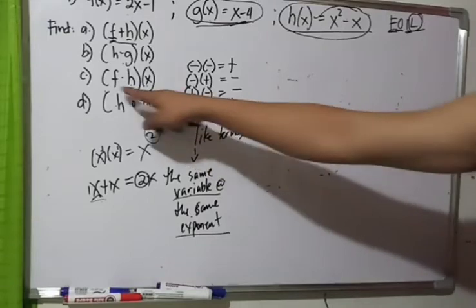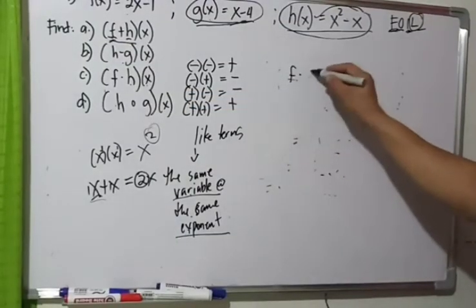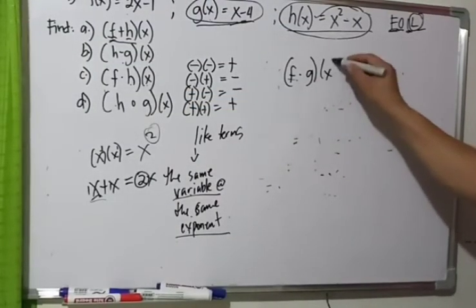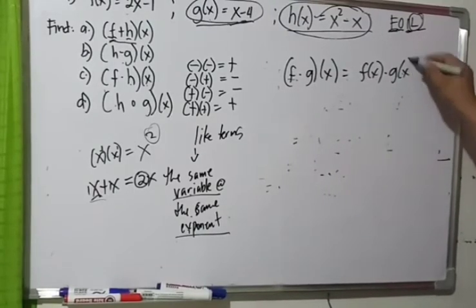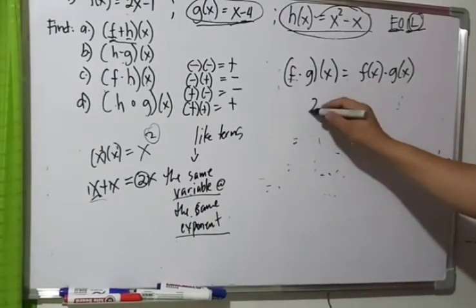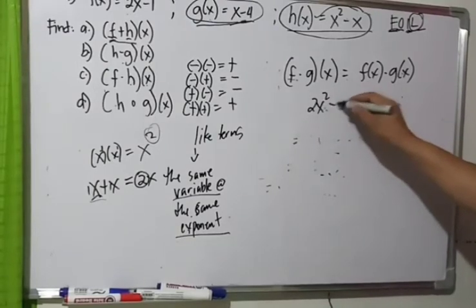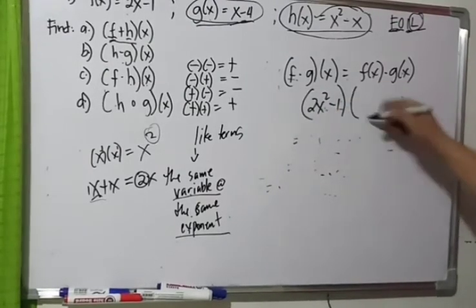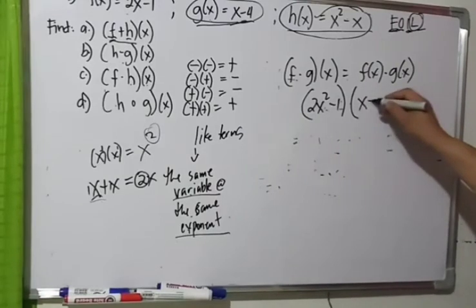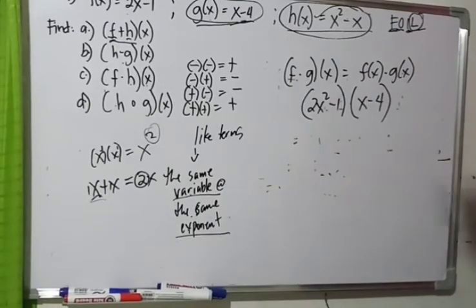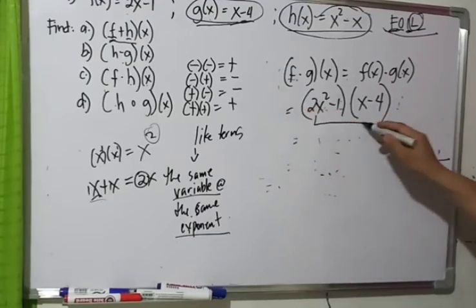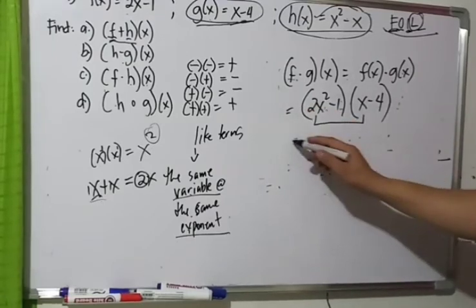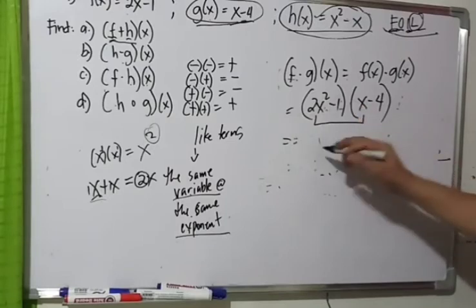Okay. F times g times x equals f of x times g of x. The f of x is 2x squared minus 1 times g of x, which is x minus 4, using FOIL again. First, 2x squared times x: 2 times 1 is 2.